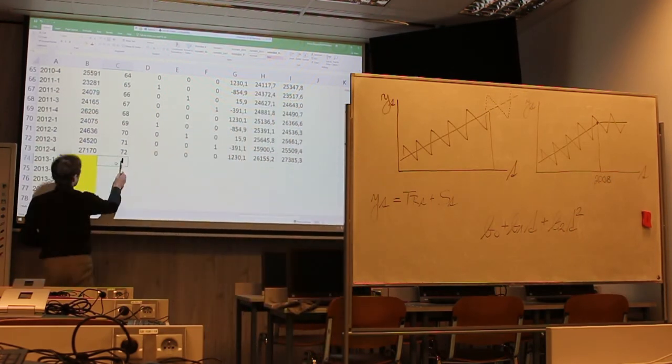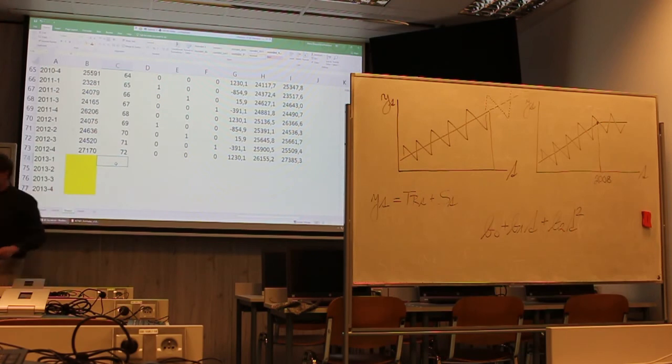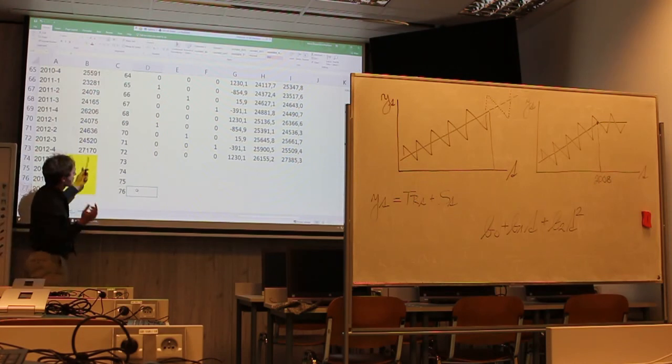that we must estimate observations 73, 74, 75, and 76.